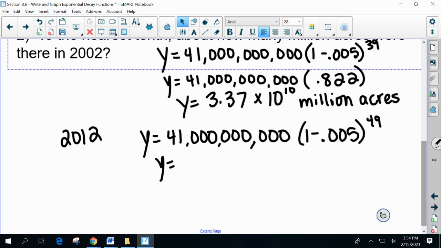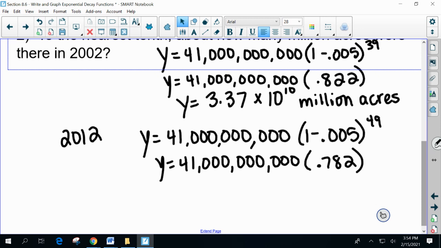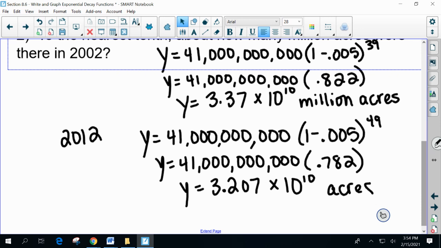Okay, so this is rounded, but it would be 0.782. I wouldn't clear your calculator, and you're going to take that times 41 million. So you get a rounded answer of 3.207 times 10 to the 10th acres that would be left.